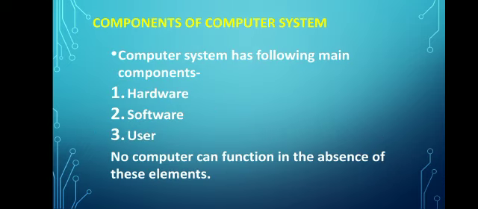Next one is components of computer system. As we know, a computer system has the following main components. First one is hardware, second is software, and the third is user. And we know very well, no computer can function in the absence of these elements.